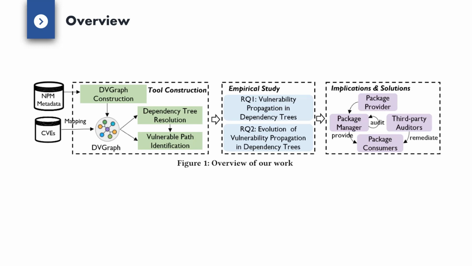Besides, DT Resolver is also extended to support deriving dependency trees at different installation times. Therefore, we are able to carry out an ecosystem-wide vulnerability impact analysis, as well as the evolution analysis of vulnerability propagation in dependency trees. Finally, we have also derived implications and adoptable solutions for different stakeholders to improve the severe situation of security in the NPM ecosystem.